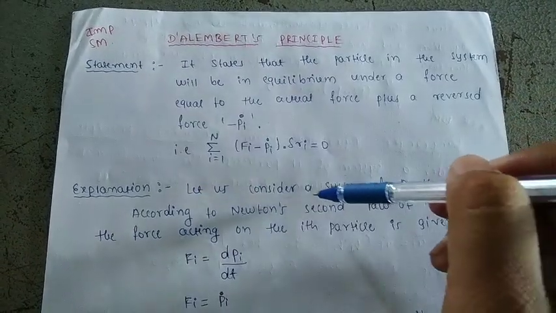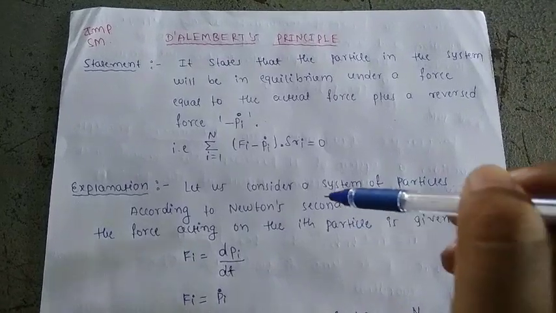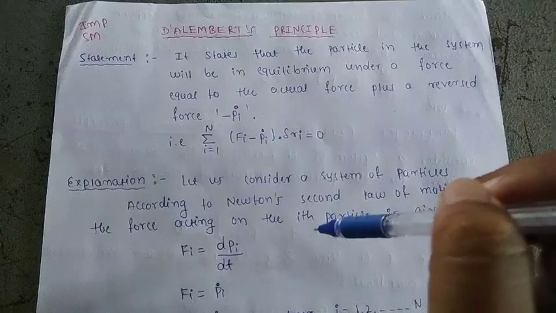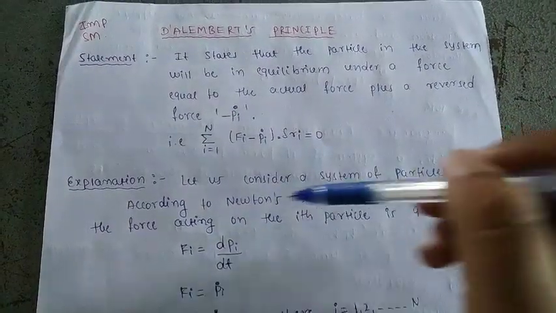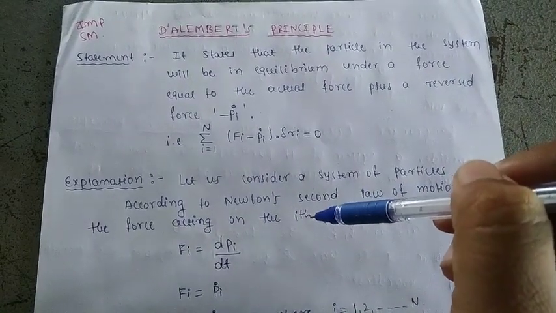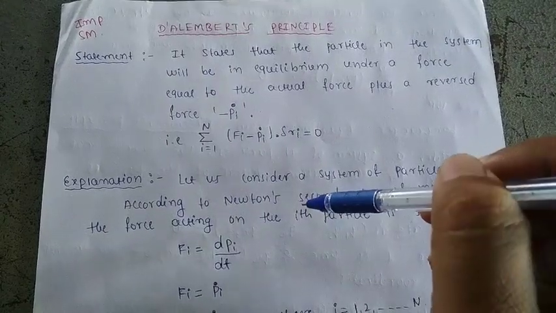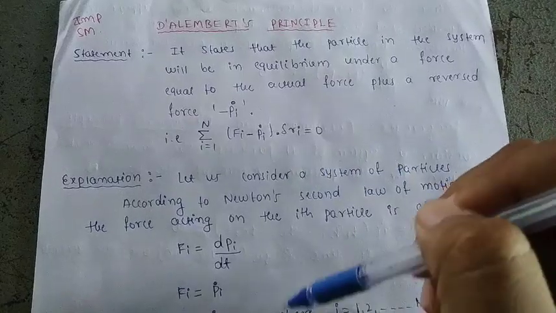First, let us consider a system of particles, which has a large number of tiny particles. According to Newton's second law of motion, the rate of change of momentum with respect to time is given by the actual force applied on the system of particles.